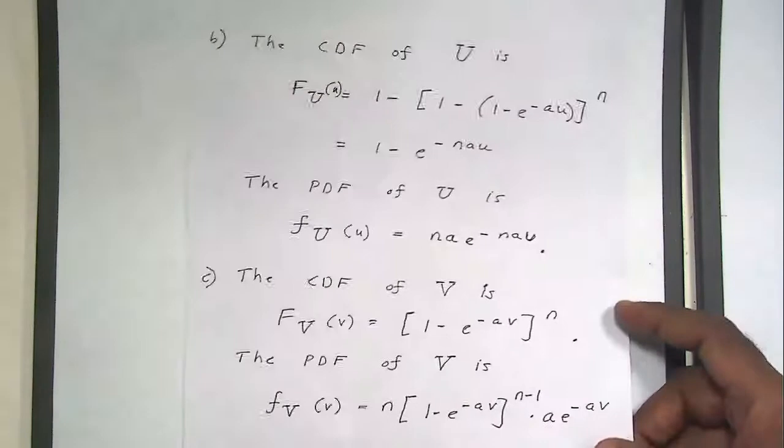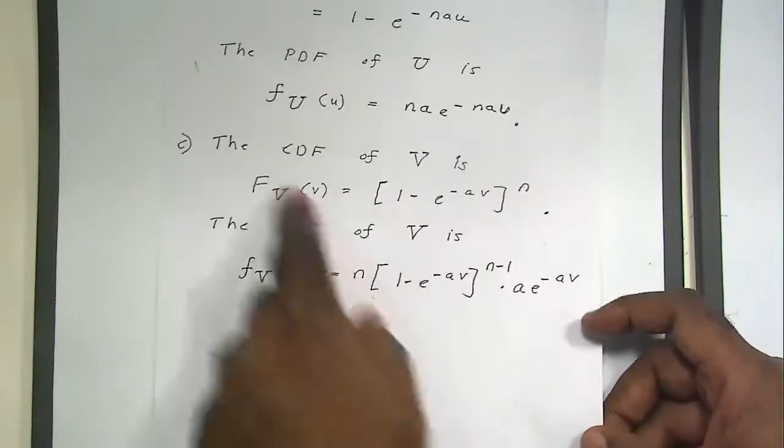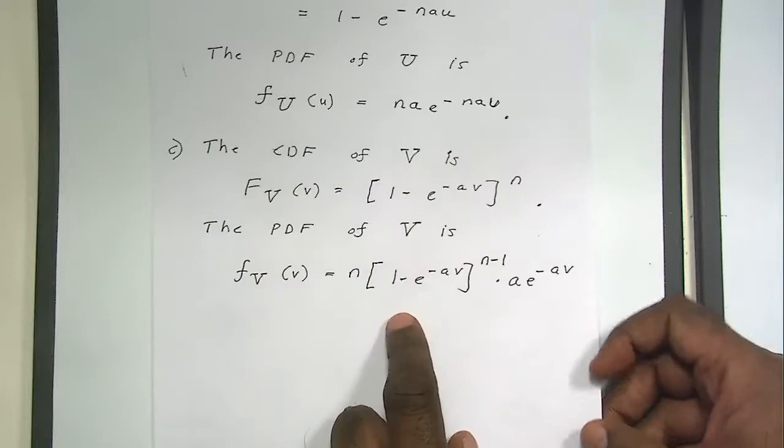And the CDF of U is this, the PDF is this, the CDF of V is this, and the PDF is this. So those are 3 examples I did on case 1.